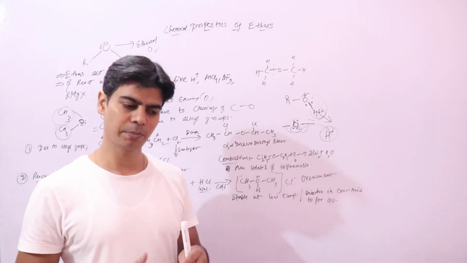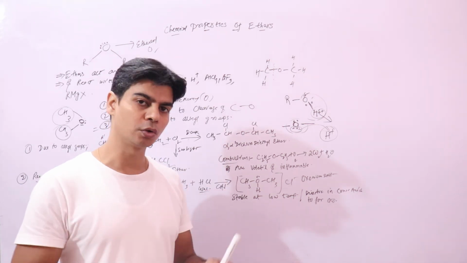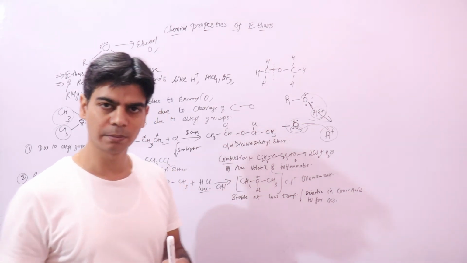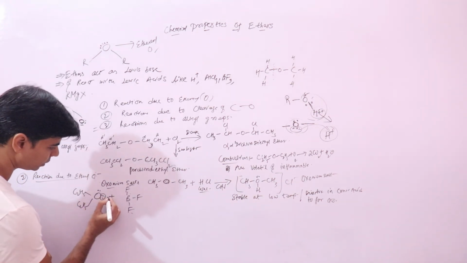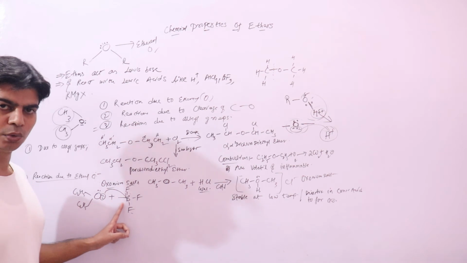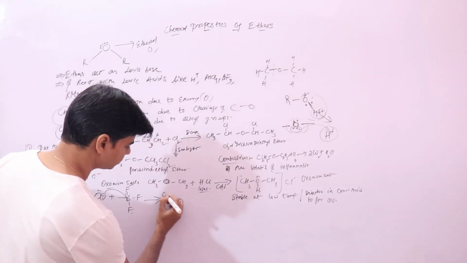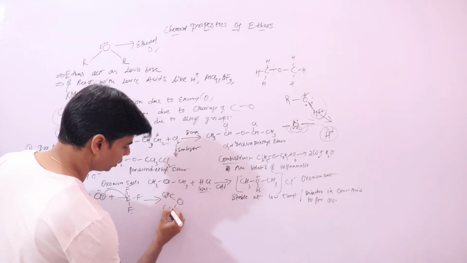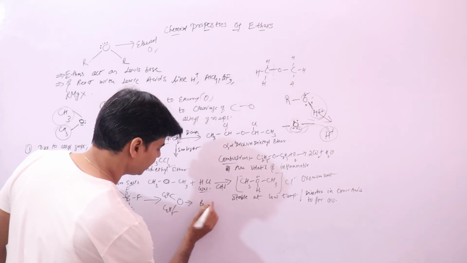But in coordination compounds, the pair of electrons that forms the bond comes from only one of the combining atoms. So here it will go from ethereal oxygen to this boron, which can accept 2 electrons because it has 6 electrons, to form a coordination compound, an etherate, BF3.